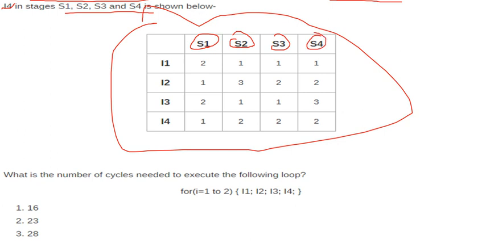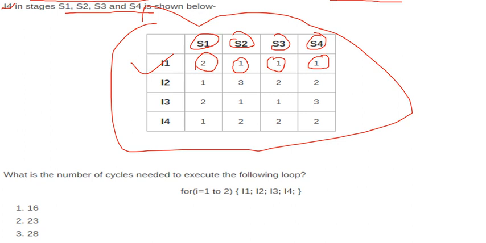So in this table, for instruction I1, what does it mean? They are telling that in stage S1, I1 takes 2 clocks. In a similar fashion, in stage S2, I1 takes 1 clock. In stage S3, I1 takes 1 clock. In stage S4, I1 takes 1 clock.